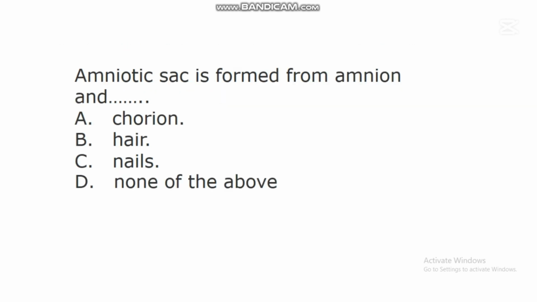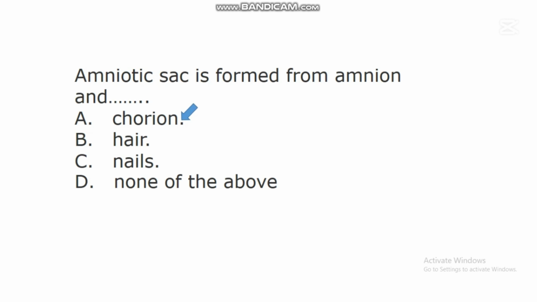The next question says, amniotic sac is formed from amnion and dash. A. Chorion. B. Hair. C. Nails. D. None of the above. In this question, the correct answer is A. Chorion.